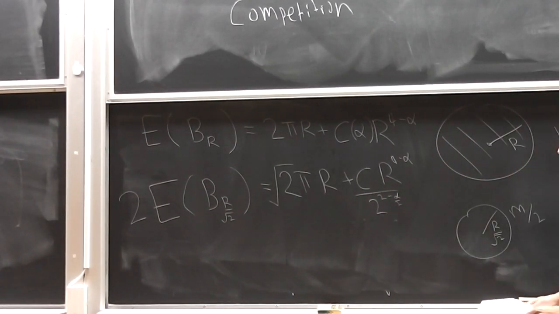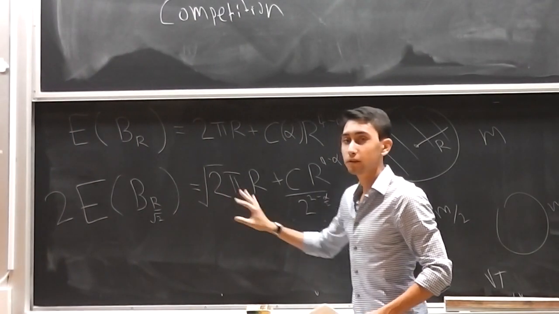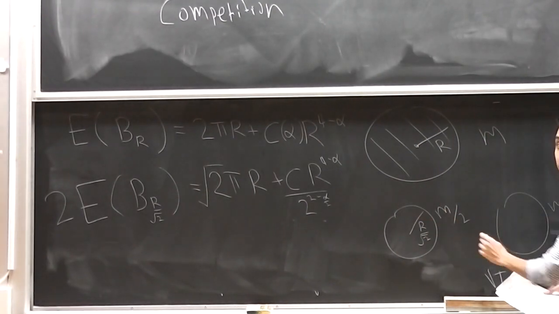So what we did is we were comparing this energy to the energy of this, right? Notice that this is actually not exactly equal to the energy of, say, this set, right?